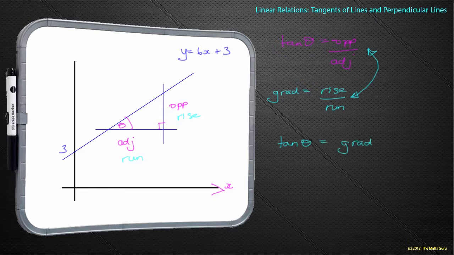Why is that true? Well, if these two things are the same, then tan theta and gradient must also be the same. So we can write that in a formula: the tan of the angle is equal to the gradient of the line. Or we can find the angle by doing the inverse tan of the gradient.